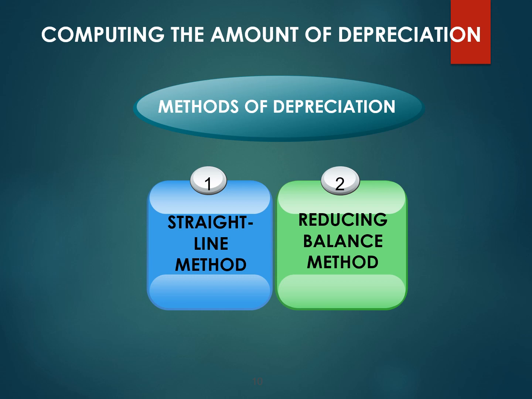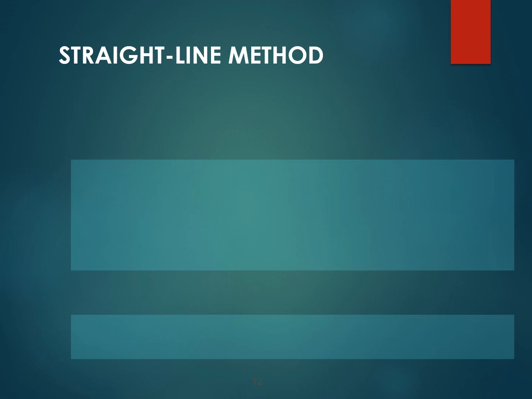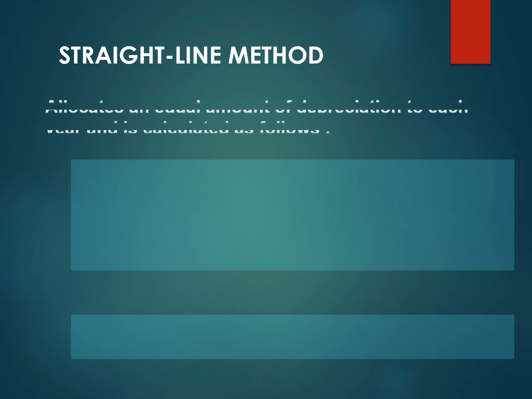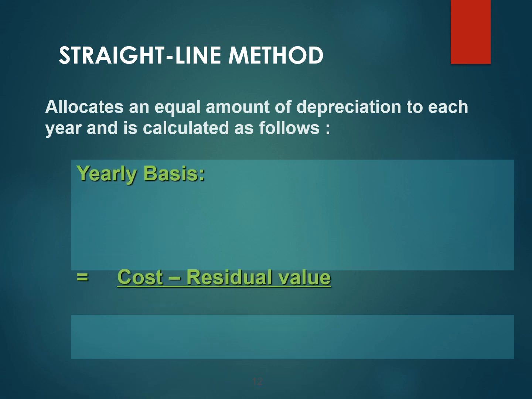Now, we come to the methods of depreciation. We are going to learn about two methods in calculating the depreciation. So, in this slide, I will only focus on the first method and the easiest one, that is straight line. This method is about how we allocate the amount of depreciation equally for each year until end of its useful life. So, we will use this formula.